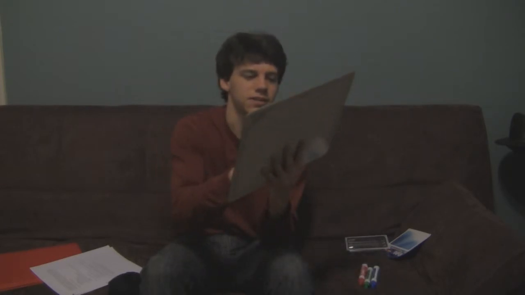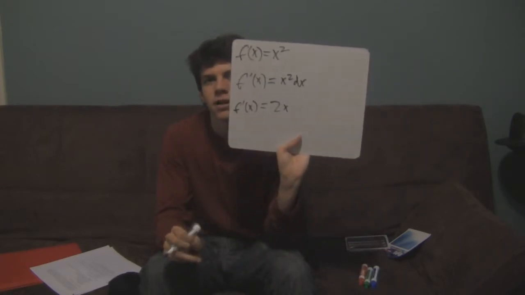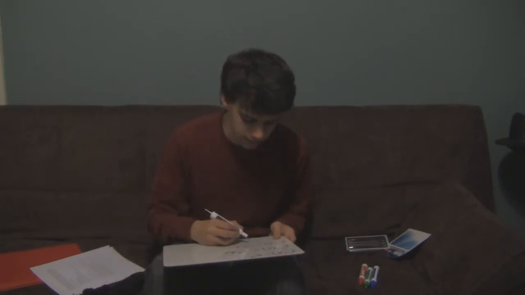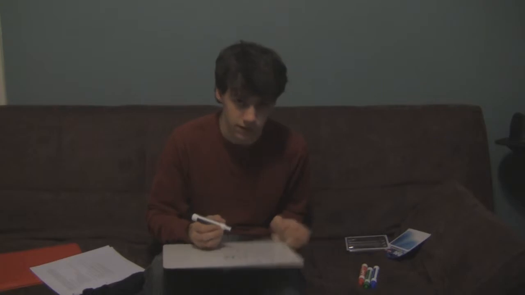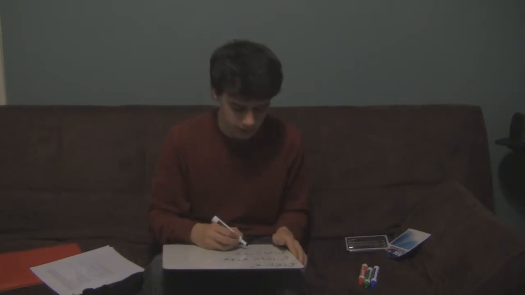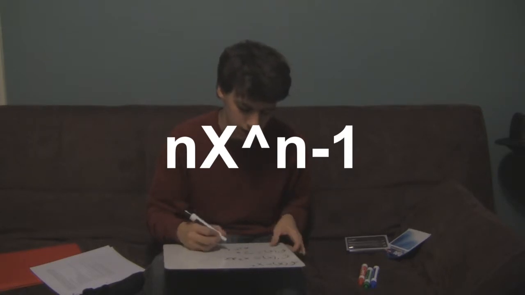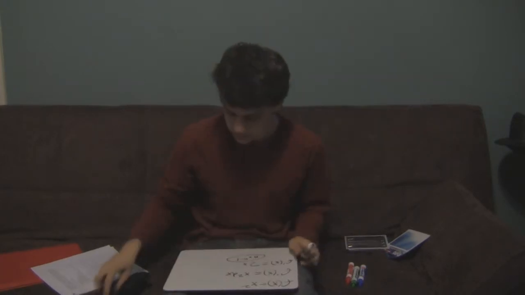And the dx means with respect to x, by the way. And 2x to the 1 is the same thing as just 2x. So there you have it. The derivative of some function is n times x to the n minus 1. So yeah, that right there. That's all I have to do.